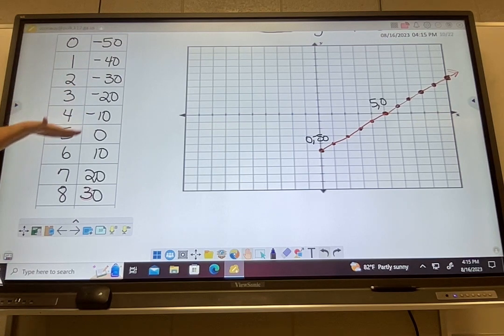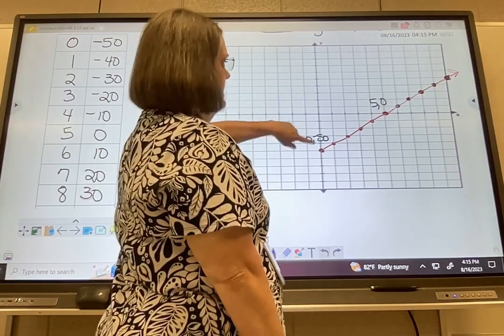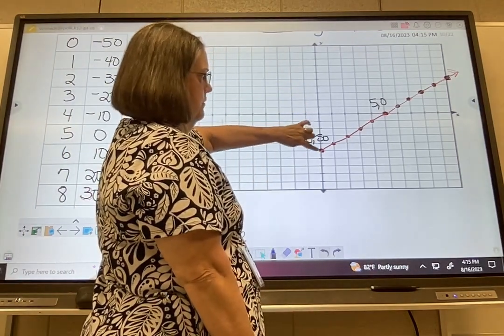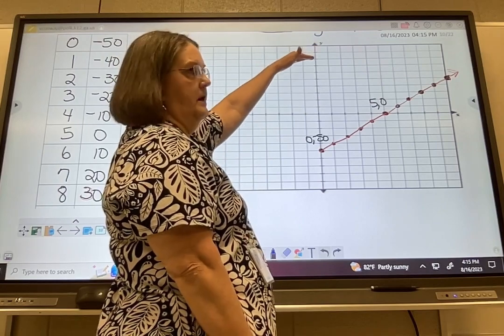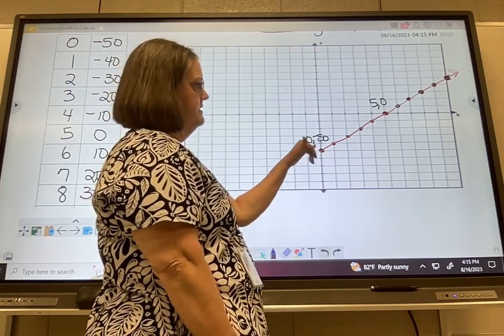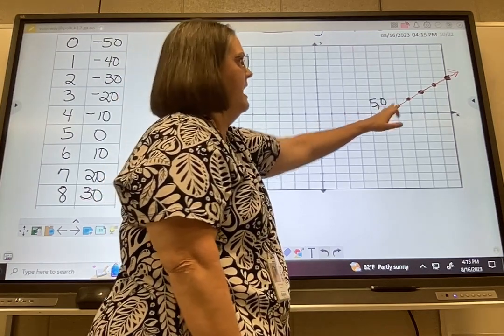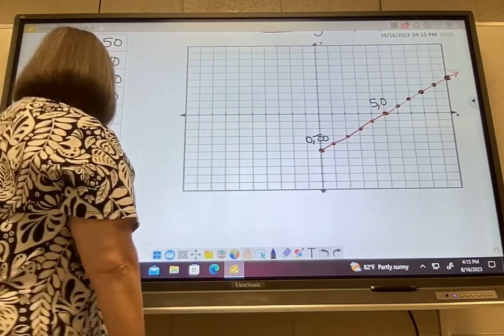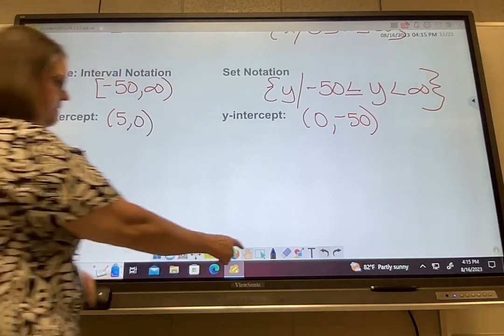Now I only went to 8, but we're just going to assume that she could just keep selling cakes. I didn't number everything, but each one of these is worth 10 going down and each is worth 10 going up. That's the easiest scale. This is the graph. This is the point 0, negative 50. This is the point 5, 0.